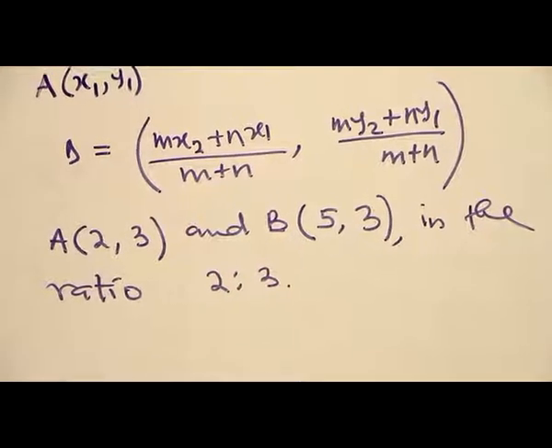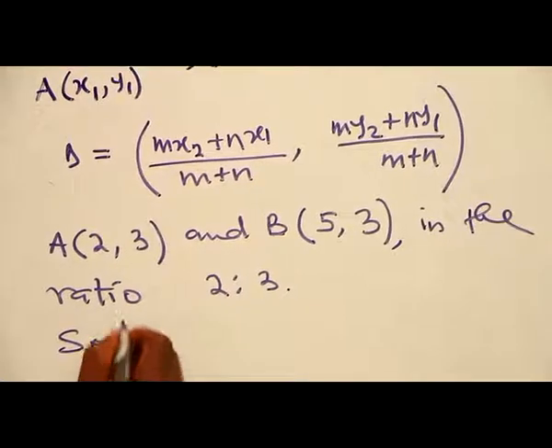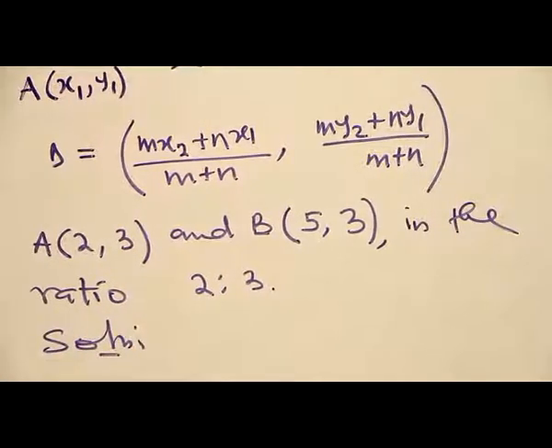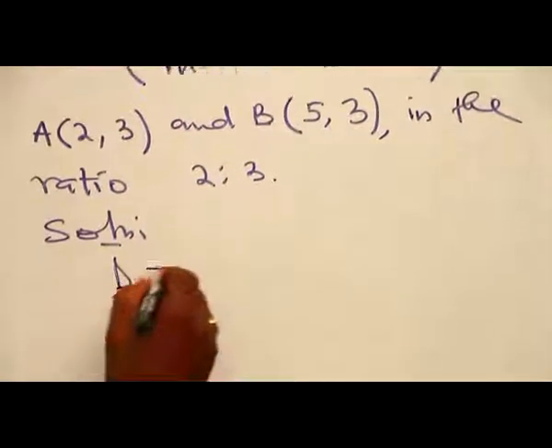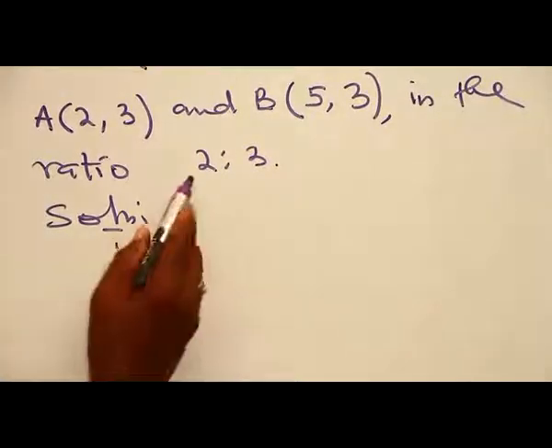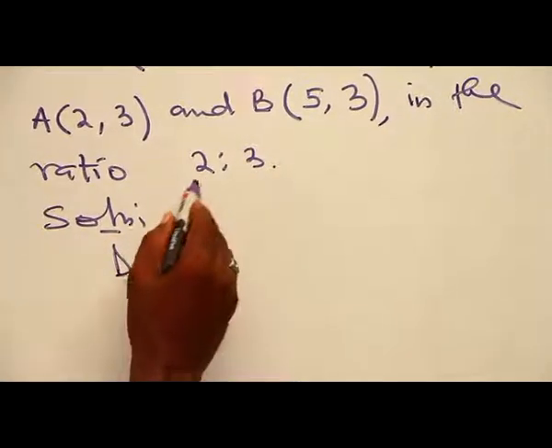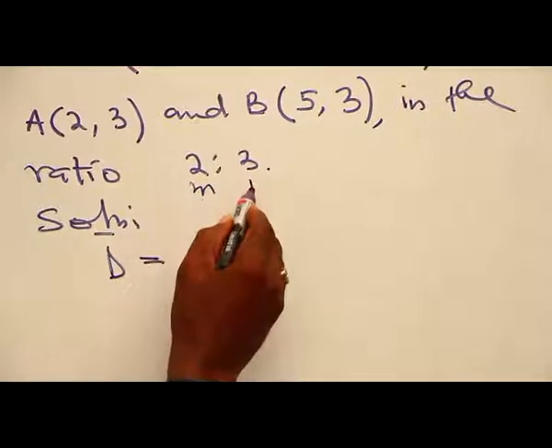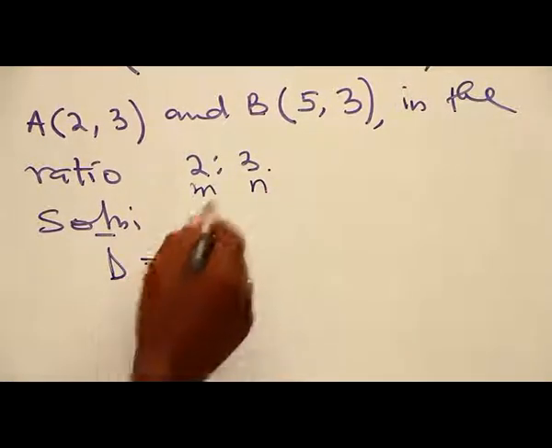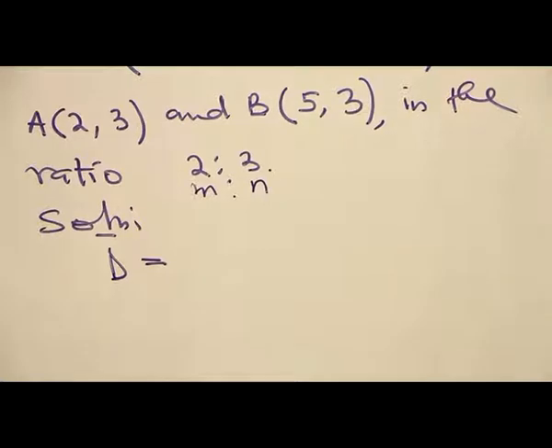Now your solution will become D is equal to, this is ratio m to n, so your 2 is m, your 3 is n. That is what it stands for now.